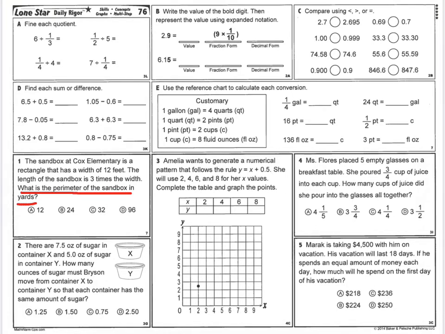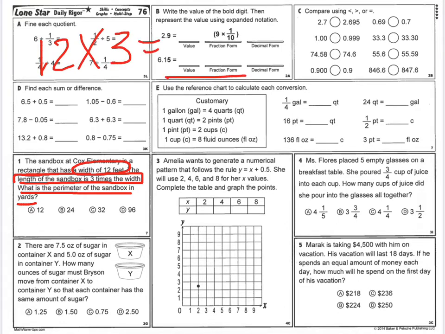What I know is that it's a rectangle, a width of 12 feet. The length of the sandbox is 3 times the width. Okay, so if the width is 12, I'm going to multiply that by 3 to find the length.